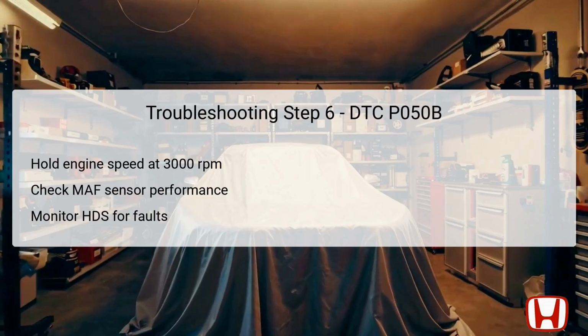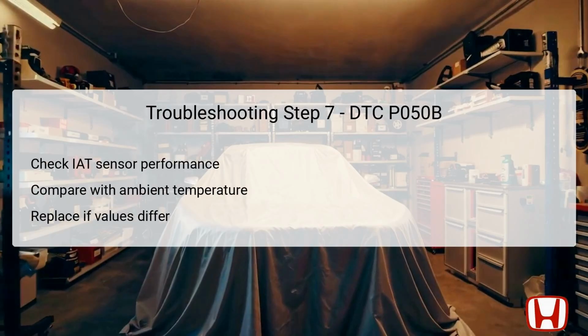If the MAF sensor readings are within this threshold, it indicates proper functionality. If not, you will need to replace the MAF IAT sensors to resolve the issue and allow proper ignition timing for cold starts. The final troubleshooting step focuses on evaluating the performance of the IAT sensor. Start by turning the vehicle to the off mode, allowing the engine to cool down to ambient temperature before noting the temperature.